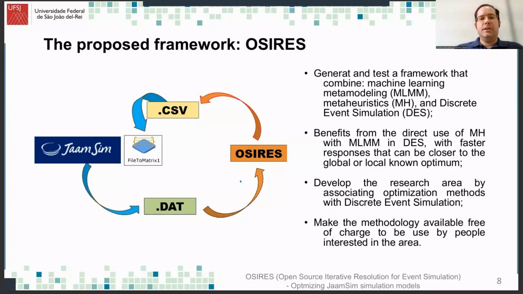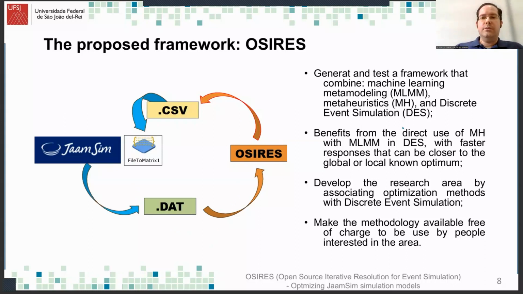So OSIRES generates the scenarios in the CSV file, calls Jaamsim without the graphical interface, only the command line, and then waits for the data file to be generated, reads this data, and sees which is the best scenario. Then it takes this scenario as the best current solution, and then generates other scenarios to be written in the CSV files, and it makes this cycle, this iteration, until the person tells the program to stop.